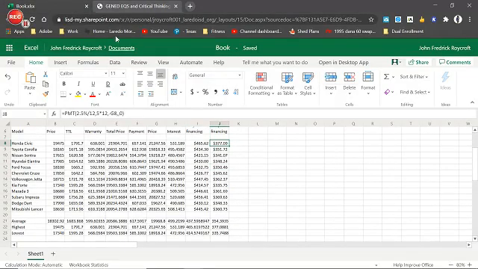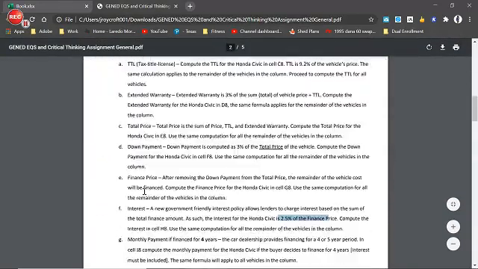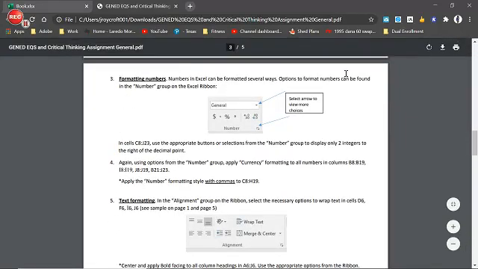Okay. So now the next part of the exercise, once you get all of this, you should be at the formatting part of your exercise. We've already done this and it's giving you step by step. It's telling you what to select and then what to do, how to do it and what to press on there.